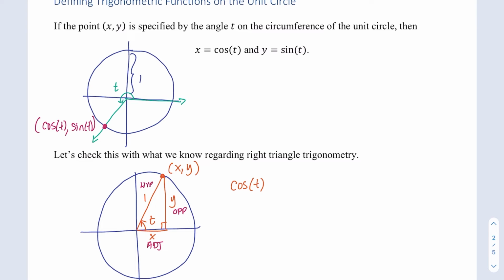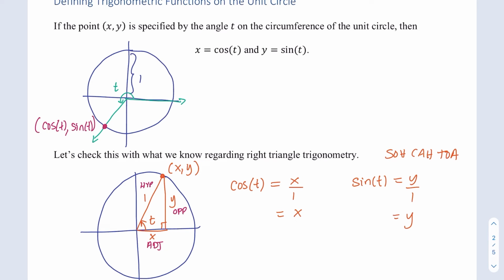So we have cosine of t is adjacent over hypotenuse. Now we are in SOHCAHTOA land because we're in a right triangle. Cosine of t is x over 1, which is just x, and sine of t is opposite over hypotenuse, so y over 1, which is just y.